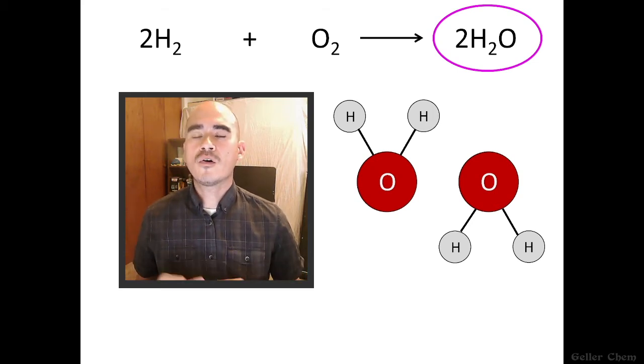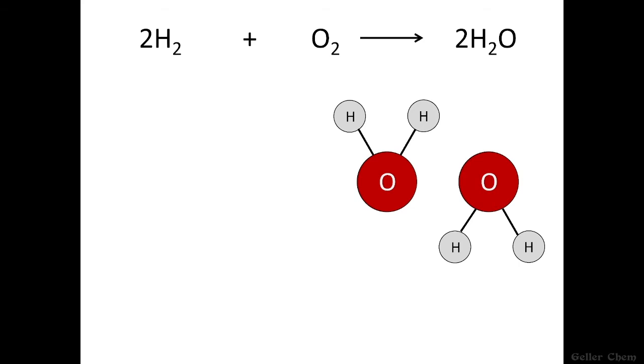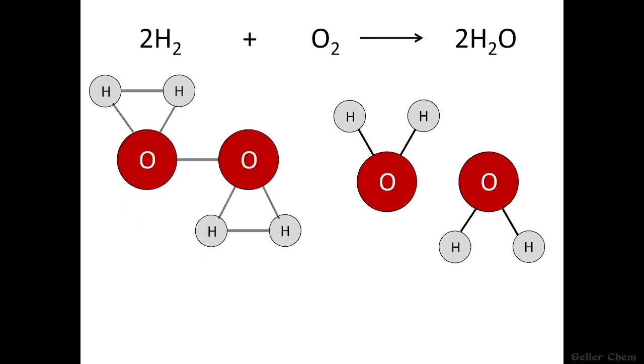So far, we've only covered the smallest amount of reactants to make this reaction go. In other words, two H2 molecules meets one O2 molecule. But in principle, we could have twice as many of each of those starting reactants, and thus get twice as much product.